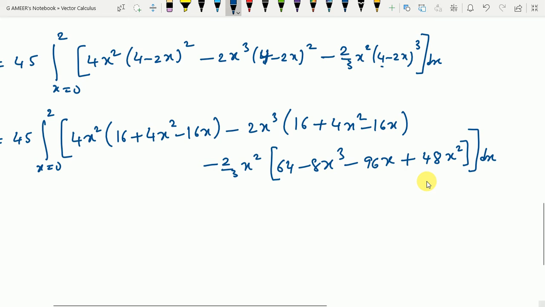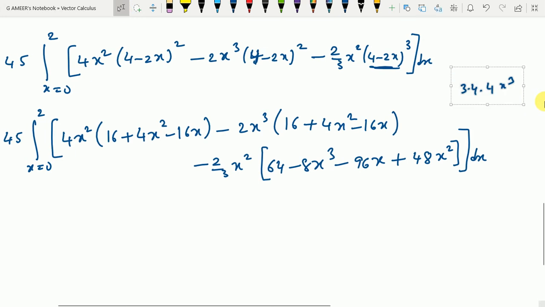Once again check: a minus b whole cube, a cube is 64, b cube is 8x cube, minus 3a square b is 48 into 2, that is 96x, plus 3a b square is 12 into 4x square, that is 48 x square. Okay, fine. That is clear now.